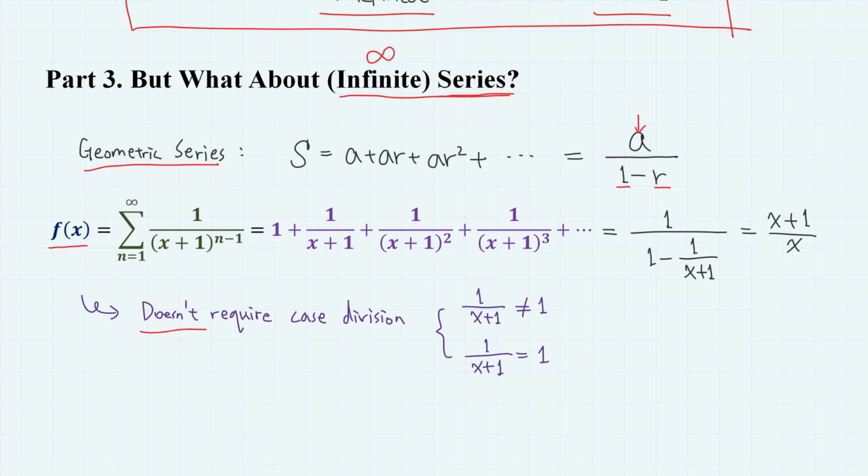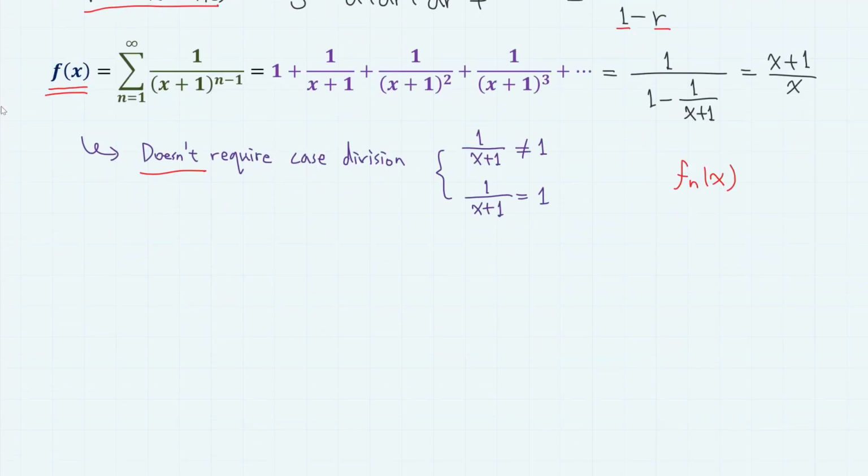But here, we do not divide cases according to the value of the common ratio. So why do we not divide cases for the series, but we do divide cases for the partial sum? Well, the answer is, you do divide cases here as well, but slightly differently compared to the partial sum.